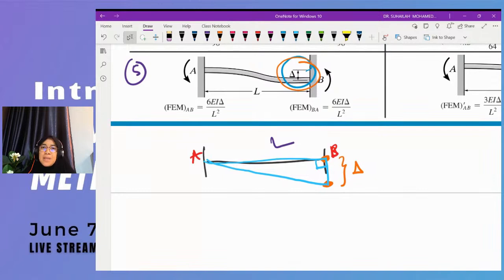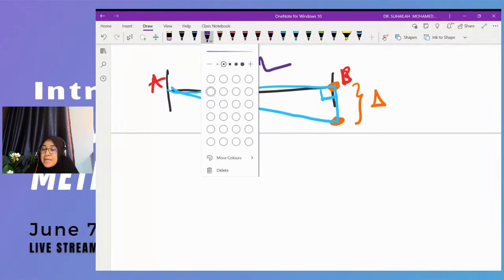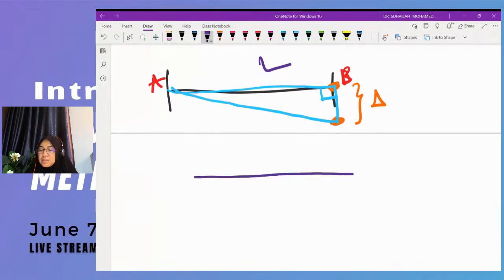Always remember that fixed end moment is behavior, and the moment will always push the new beam back to its original position. The original position of this beam is horizontal.